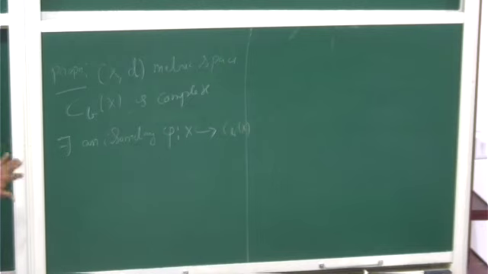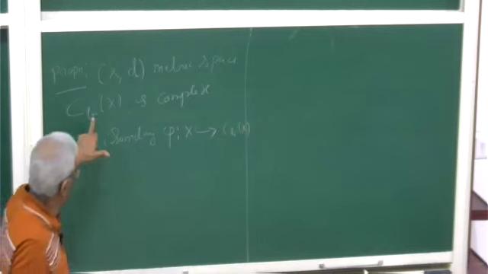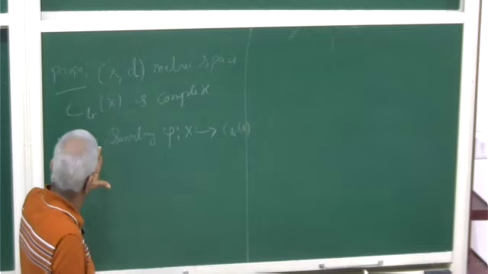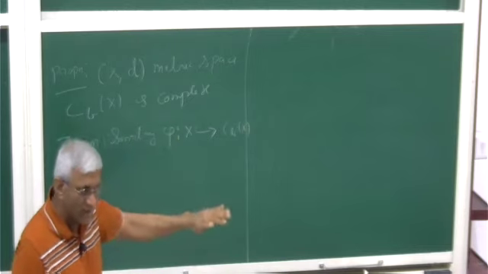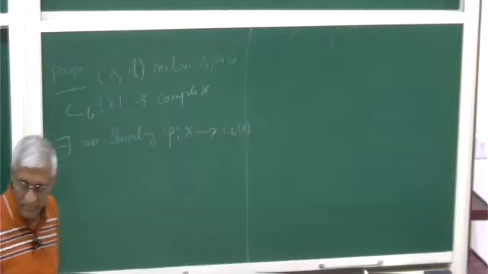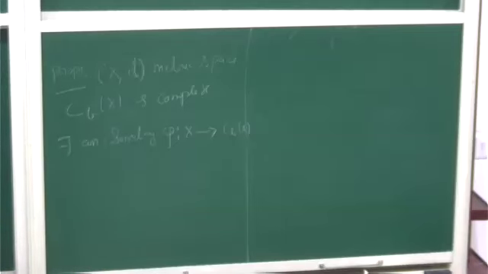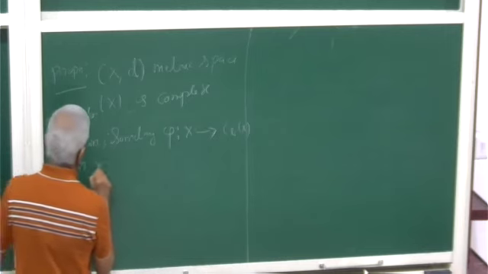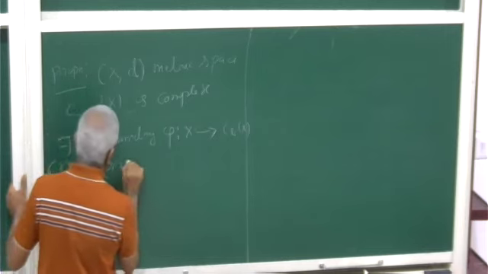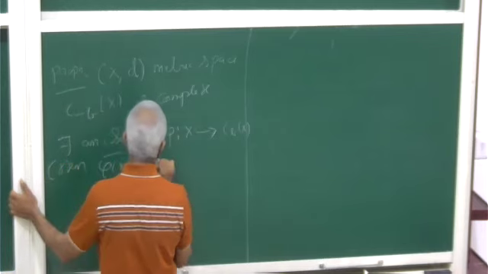This is a complete metric space, and you can embed X into this. Once you take the closure, that will give you a completion. Then phi of X bar is a completion.